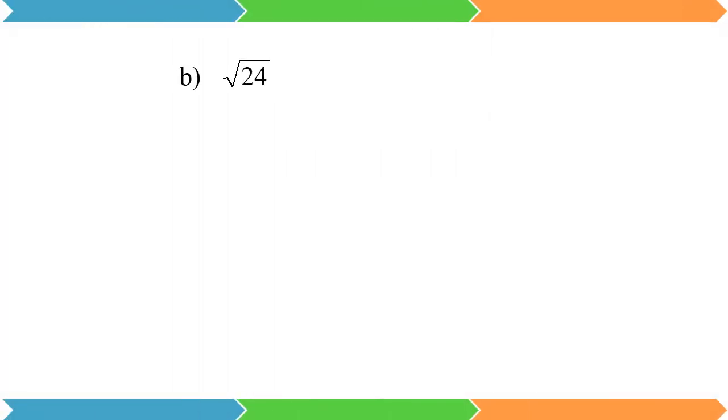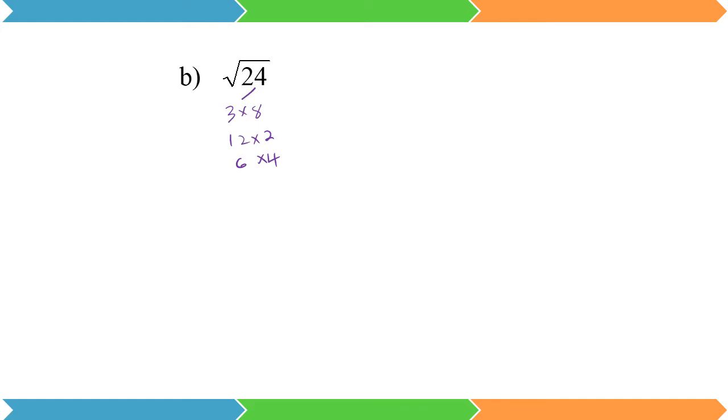Question B is square root of 24. As I said earlier, we want to change this value into a multiplication between two numbers, and one of them must be a perfect square. So what perfect square will we have? From the multiplication table, we know that this is equivalent to 3 multiplied by 8, 12 multiplied by 2, and 6 multiplied by 4.